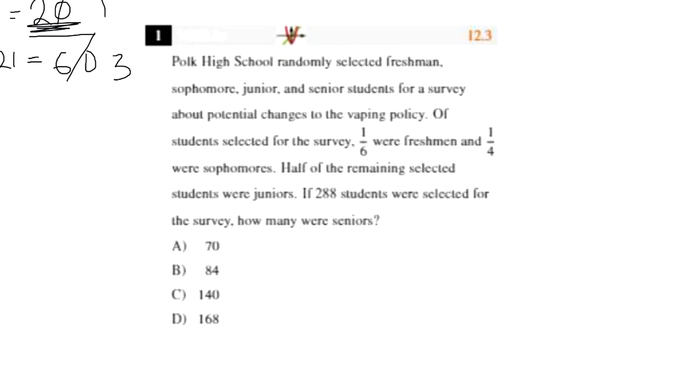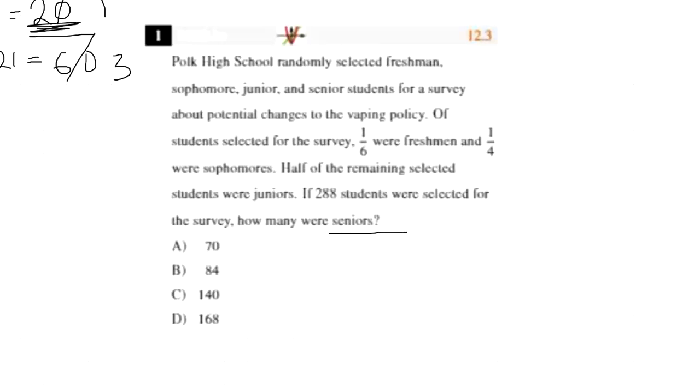Now we start the question again and then take our key information from it. So you have freshmen, sophomore, junior, senior students. That's they make up the total. Now, of students selected, 1/6 were freshmen. So of the total, 1/6 were freshmen and 1/4 were sophomore.